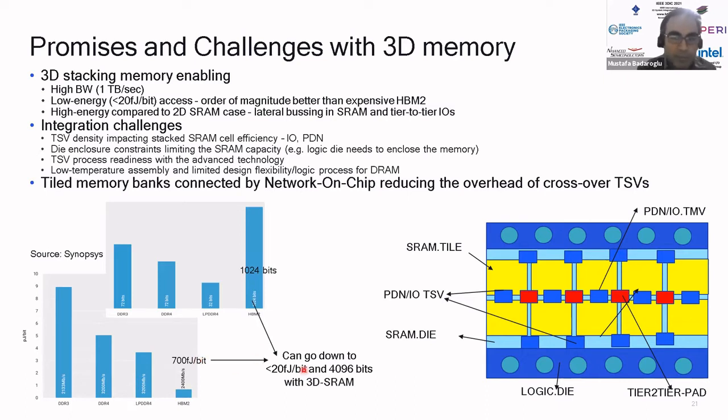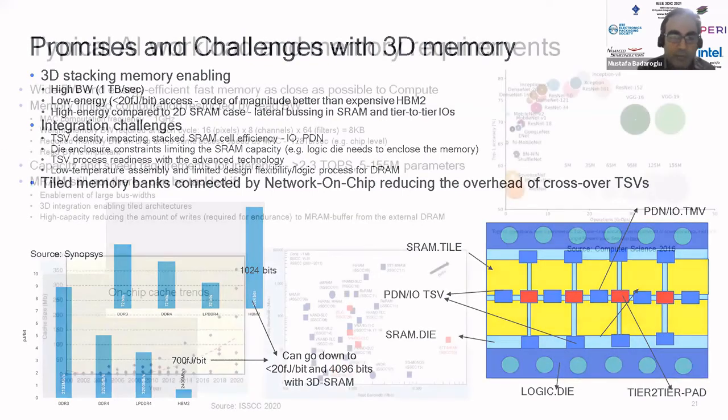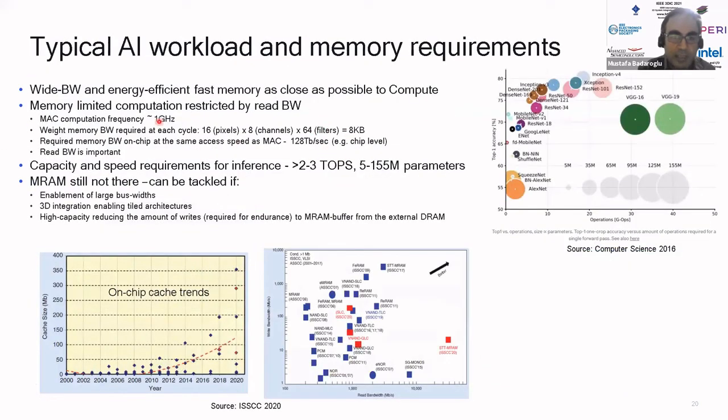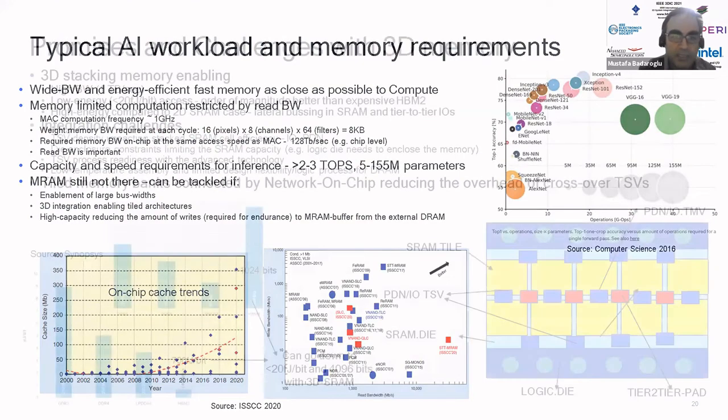But the opportunity, if we enable a 3D SRAM, is that you can go as low as 20 femtojoule per bit and already enable a 4 kilobit connection between the memory and the underlying CPU core. Basically, how do we generate this target memory for this application.